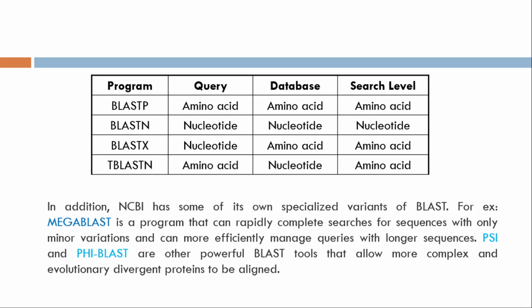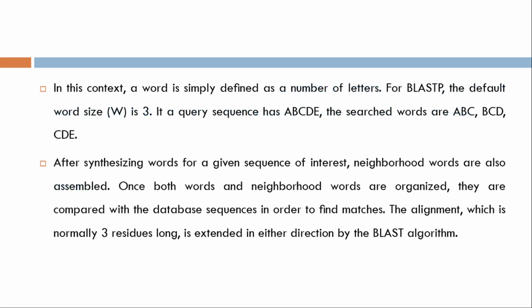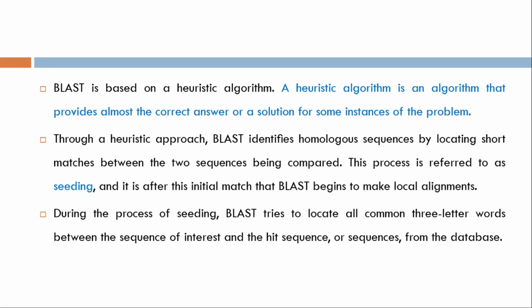Right? So the heuristic algorithm, I told you about the heuristic algorithm. Why is the word or K-tuple method known as a heuristic algorithm? A heuristic algorithm is an algorithm that provides almost the correct answer, or a solution for some instance of the problem.